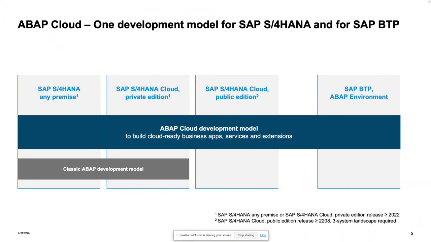So you will get access to it with the beginning of the 2022 release of S/4HANA Cloud or on-premise systems. Or if you take a look at the public cloud release numbers, it would be 2208. Sorry for that. So if you own one of these releases or a newer one, you can apply ABAP Cloud already.